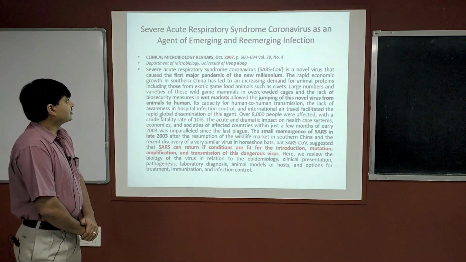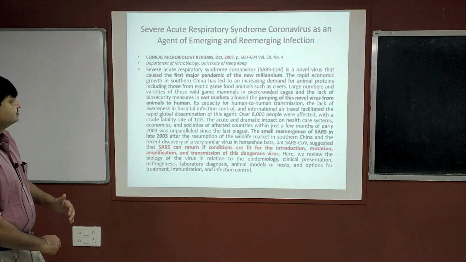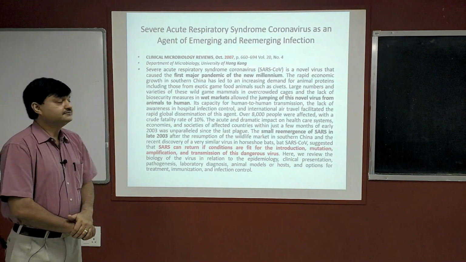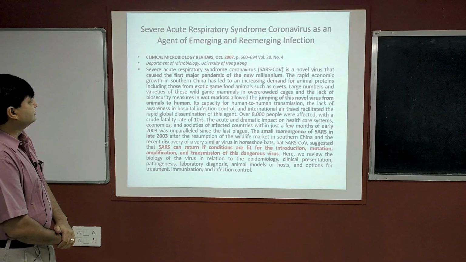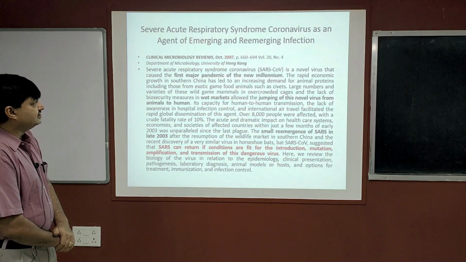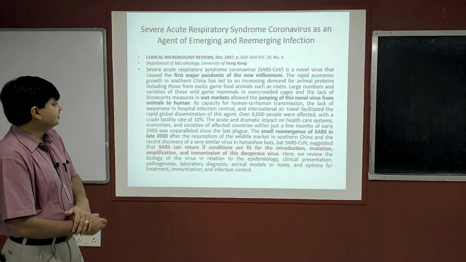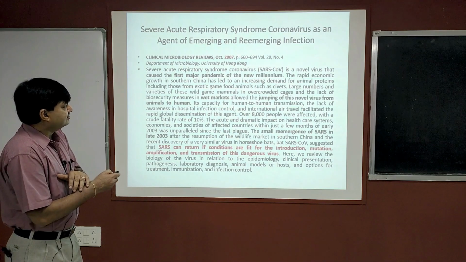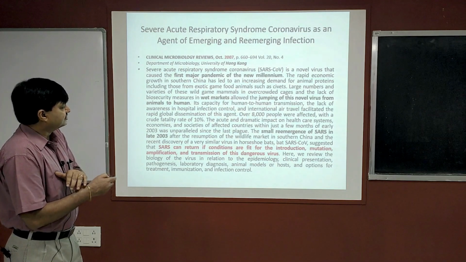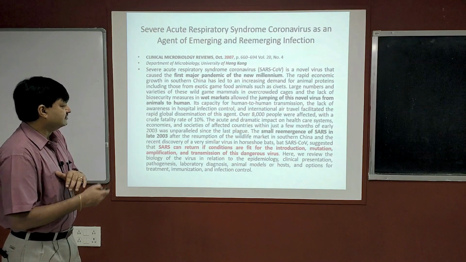You can see, we are not going to read this entire publication, but if you just go through the headline, severe acute respiratory syndrome coronavirus as an agent of emerging and re-emerging infection. Now this publication says that this virus is in circulation. You can see the location is Hong Kong and the year is 2007.